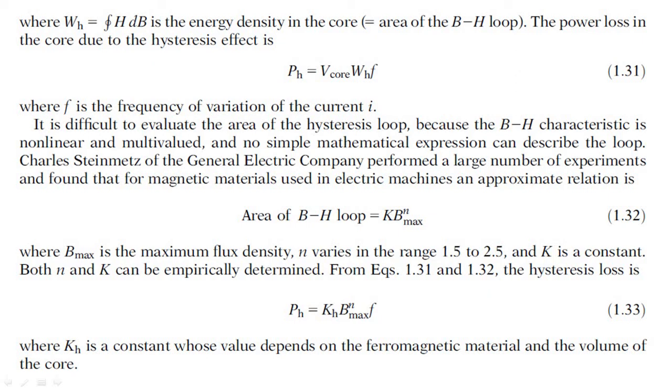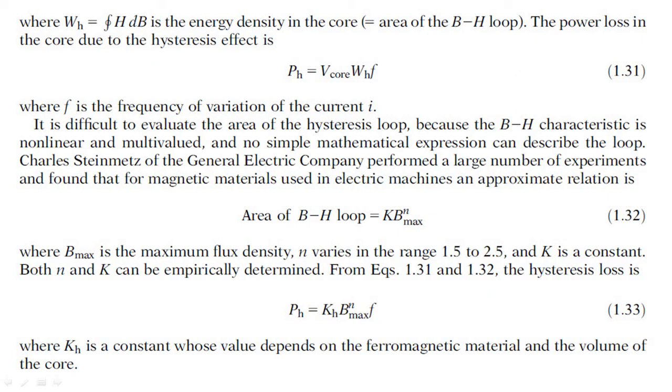Electric companies performed a large number of experiments on the iron used in electrical machines. The approximate relation is that the area of the BH loop is equal to K times B max to the power n, where B max is the maximum flux density and n is in the range 1.5 to 2.5, and K is a constant empirically determined.